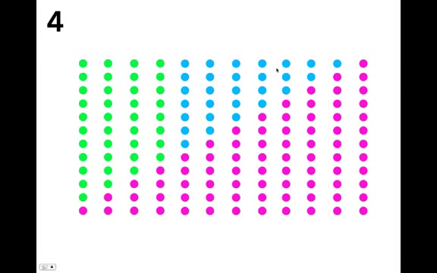Well, all the dots are aligned neatly, and we're using different colors. So maybe each color represents, let's say, a particular type of students in a particular class. And maybe every column represents, say, a particular group of students in this class.